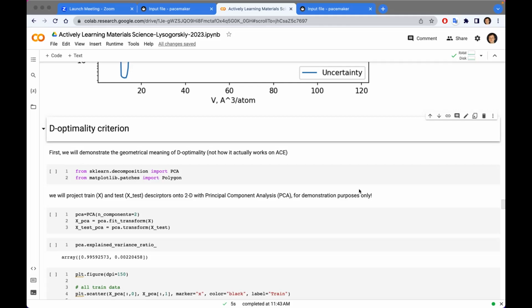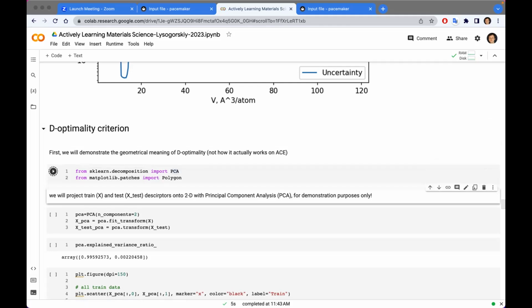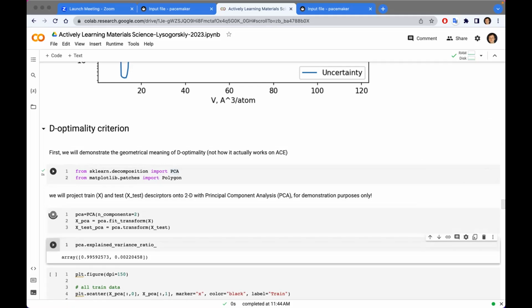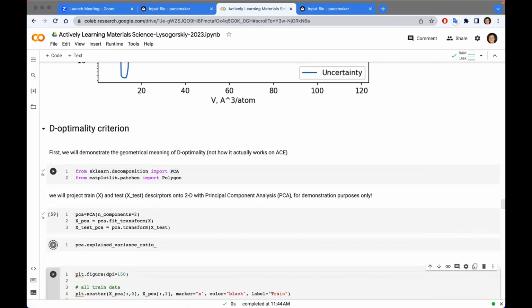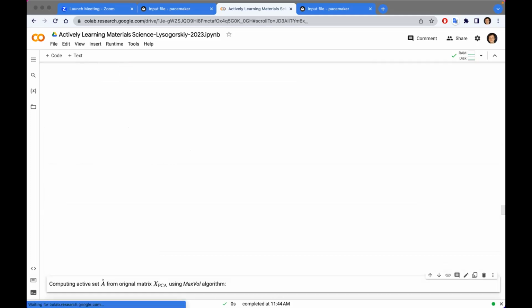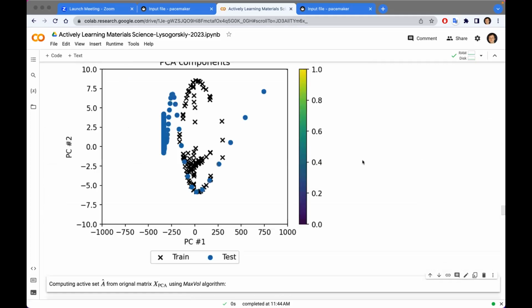And for that, just for demonstration purposes, we will do dimensionality reduction using PCA to 2 dimensions. So for that, we use another scikit-learn sub-package for PCA, and I do the projection to 2 components. Explained variance ratio is almost 99%, even in the first component, which means it's most representative. But as we expect, it's a very small data set. It doesn't vary that much.